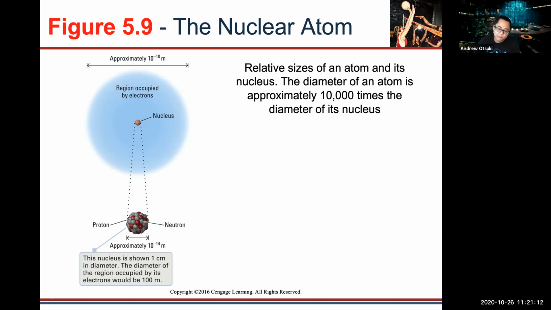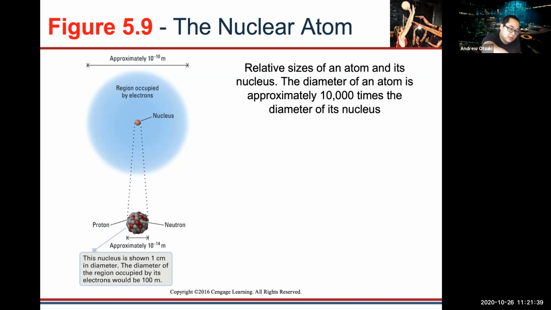We could go even further and say what the protons and neutrons are made up of, but we're not going to go too much into that. They're called quarks, but we don't go further back than protons and neutrons, because it's not applicable to chemistry, whereas protons and neutrons are, because they give us the characteristic elements.